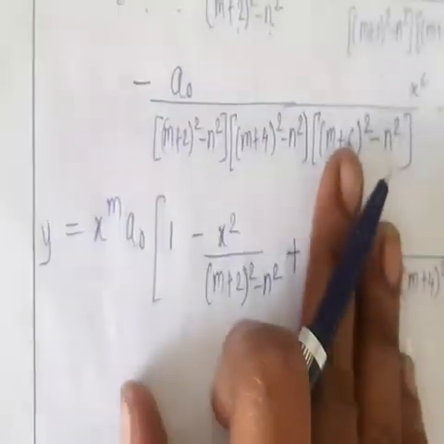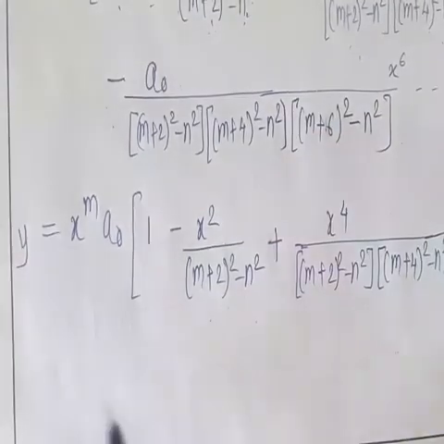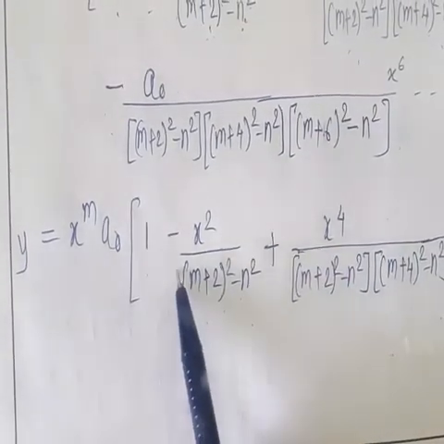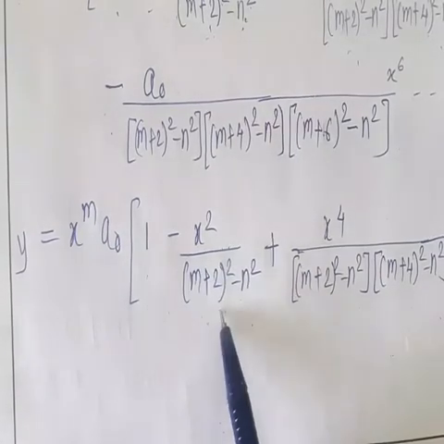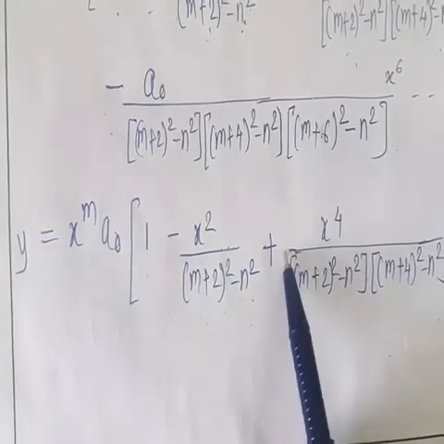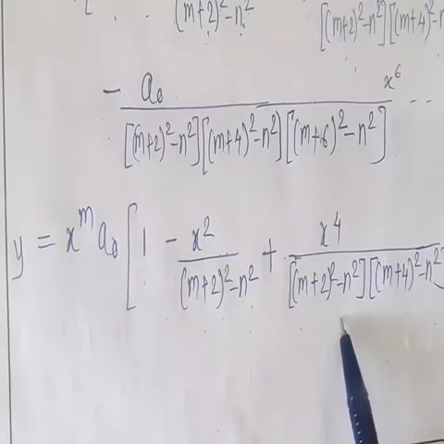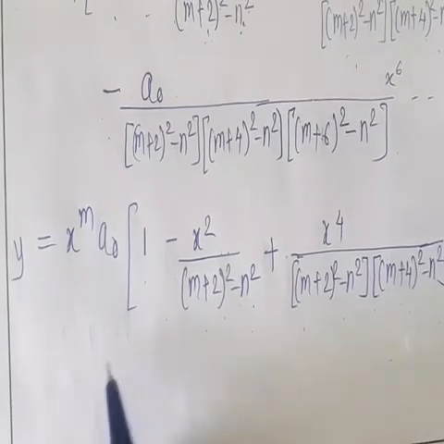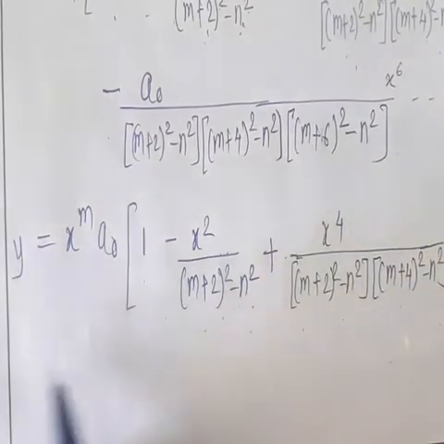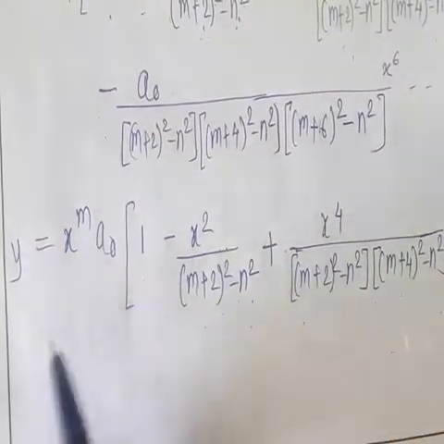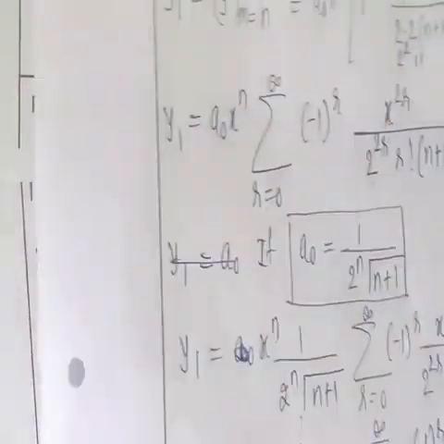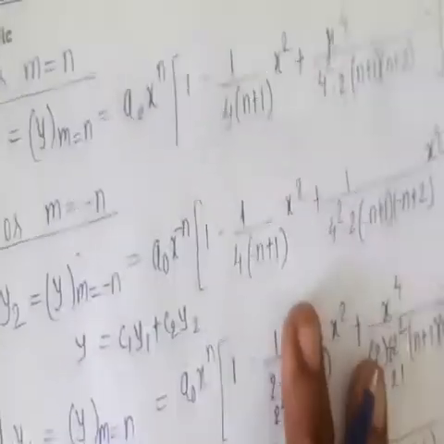After substituting all these values, y becomes x to the power m a0 in bracket 1 minus x square by ((m plus 2) whole square minus n square) plus x to the power 4 by ((m plus 2) whole square minus n square) and ((m plus 4) whole square minus n square). But this is the general solution. We want this solution for both values of m, that is m is equal to n and m is equal to minus n.